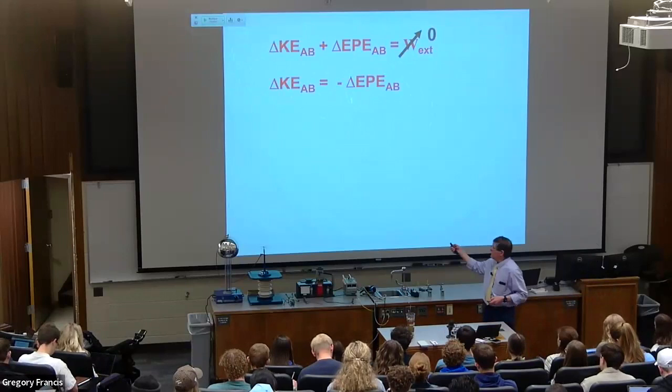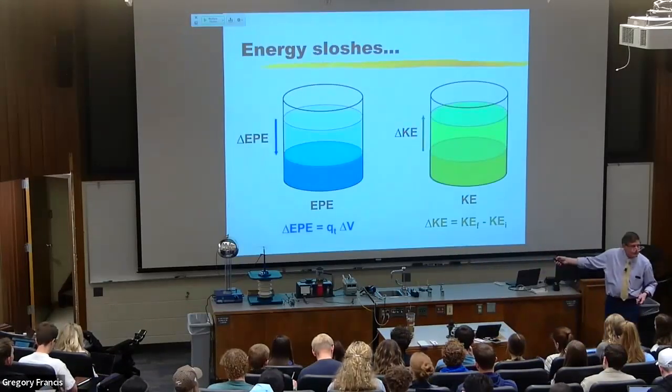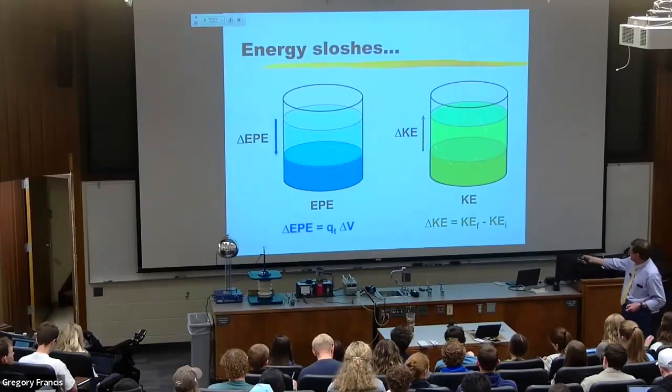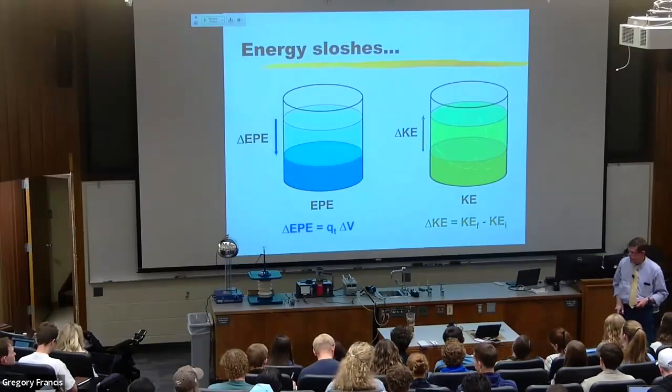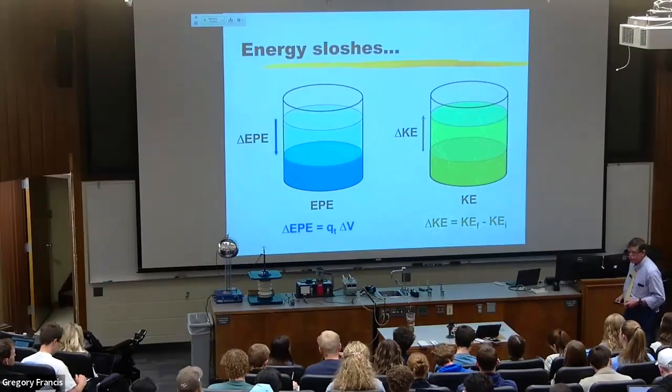When you see that equation, what you should be seeing is that, okay? If this is +6, that's got to be -6. It's draining.